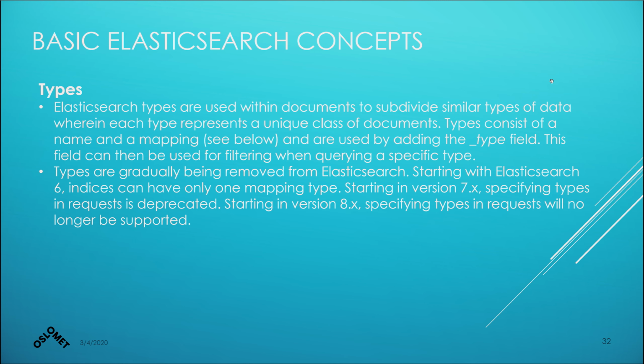This field can be used for filtering when you query specific data. We're gonna get to this in a practical example, but after Elasticsearch version 6, the indexes can only have one mapping type, after version 7 this specification of types is deprecated, and after version 8, specifying types in requests is not going to be supported.